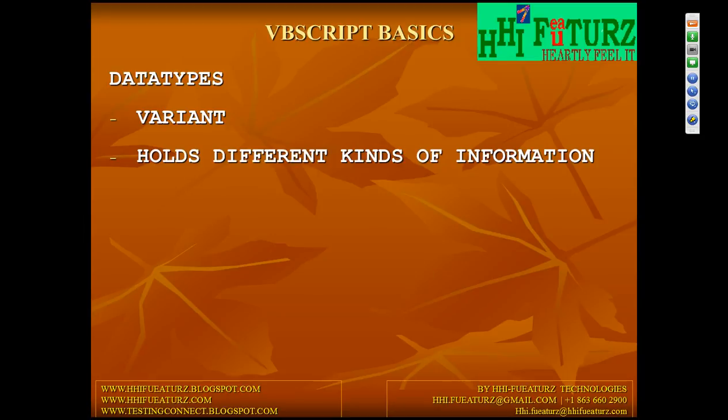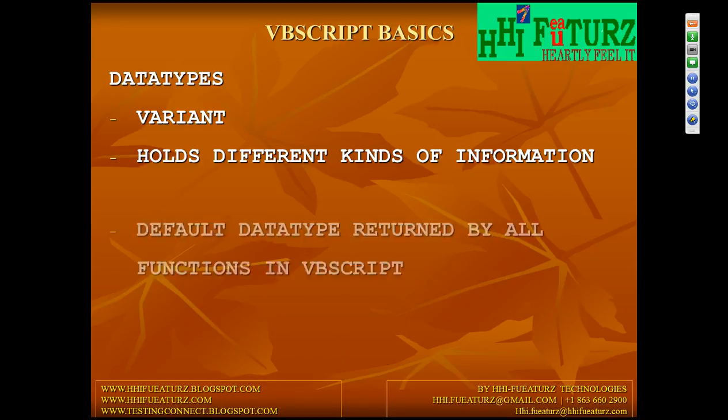But here in VB script, only one data type, variant, which holds different kinds of information. If you pass an integer, it will consider it as an integer variable. If you pass strings, VB script will treat it as a string variable. That much flexibility you have in VB script.